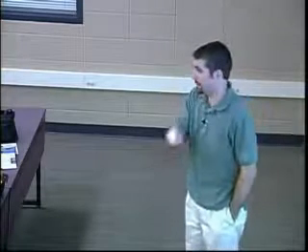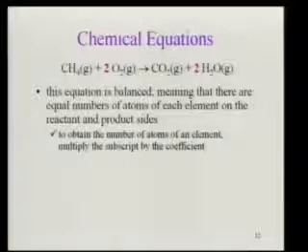So if I take this number and apply it to every element after it, and multiply that number by the subscript of whatever elements are after it, then I've got how many of them are there. For example, if it's H with a 2 after it, 2 times 2 is 4. If it's O, 2 times 1 is 2. There's 2 O's. Okay, so that's going to be more important when we get into big formulas that you can't visualize in your head as well. Okay, so that's what I mean by that statement there.